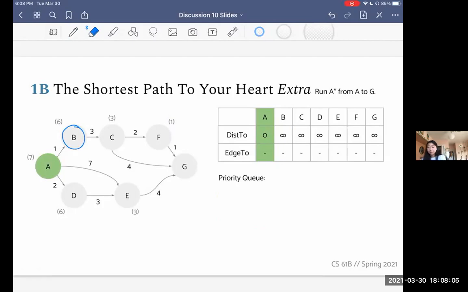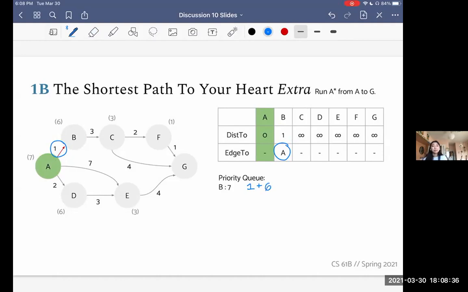Well, the distance to B is going to be 1, because if we're at A and we traverse this edge from A to B, the total cumulative distance from the start, A, to B would be 1. That's our distance 2. And our edge 2 is A because we traverse this edge from A to B. Our priority in the queue is 7 because the total distance to get to B is 1, and we're estimating that from B, we're still going to be 6 away from the goal.